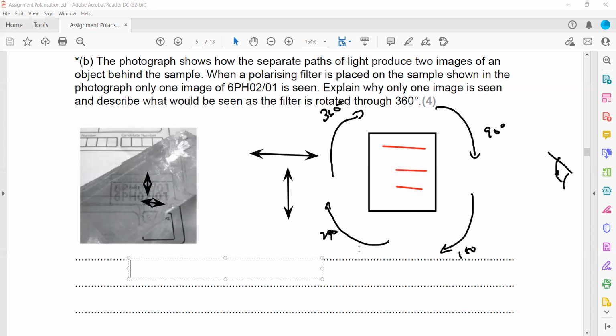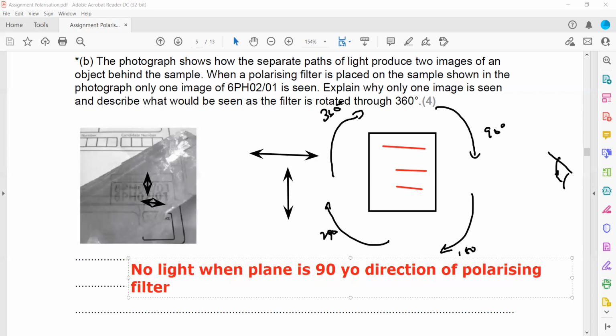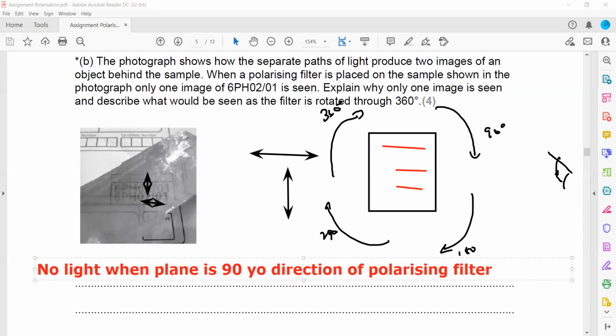Number one, the first point: there will be no light when the plane is 90 degrees to the direction of the polarizing filter. So when the polarizing filters are at 90 degrees, at that time it will not allow the light to pass through.